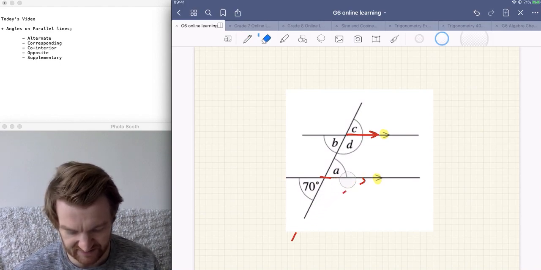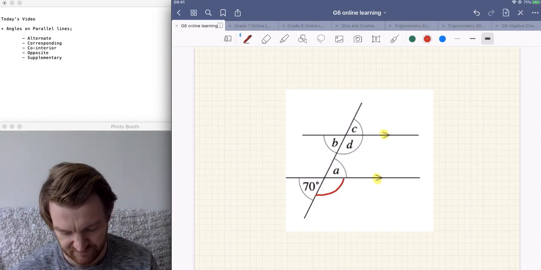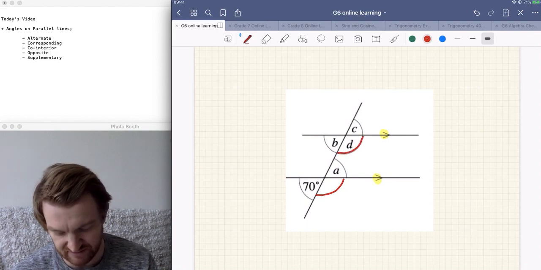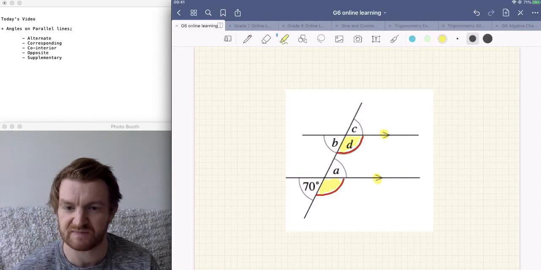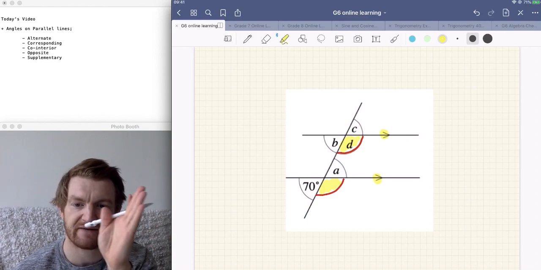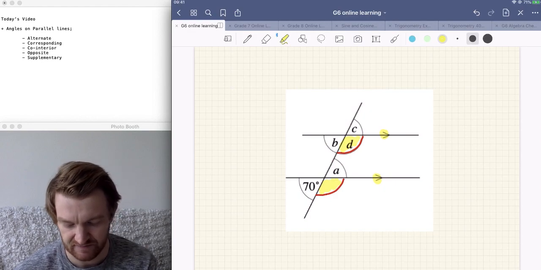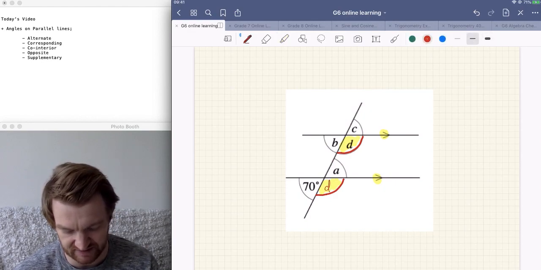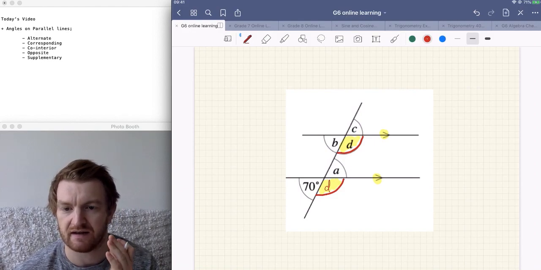So what does that tell us about the angles? Well, it's pretty straightforward. The first thing that tells us is that this angle here, where we're turning from that off to the right, is the same as this angle here. So straight away we've identified 2 angles, this one here and this one here, which must be the same because they're both turning off at the same amount to keep those lines pointing in the same direction to make them parallel. So this one here we could also say is the same size as D. This is our first set of parallel line angles.